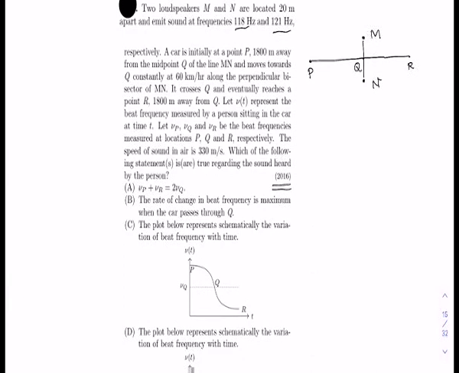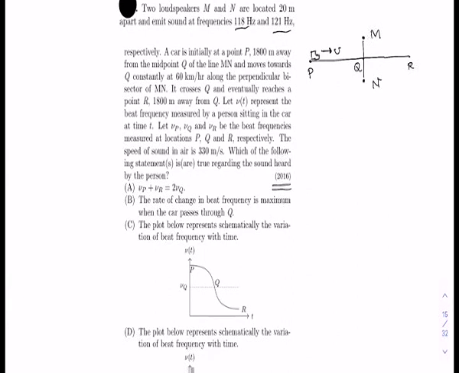Now, given that nu t represents the beat frequency measured by a person sitting in the car at time t. The car is starting from here, moving with some velocity, say capital U, along this direction, and what is asked here is the beat frequency.